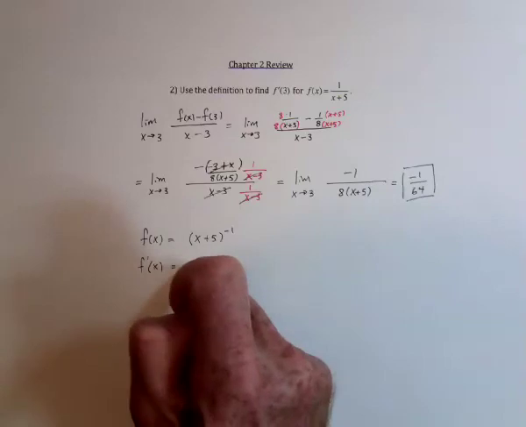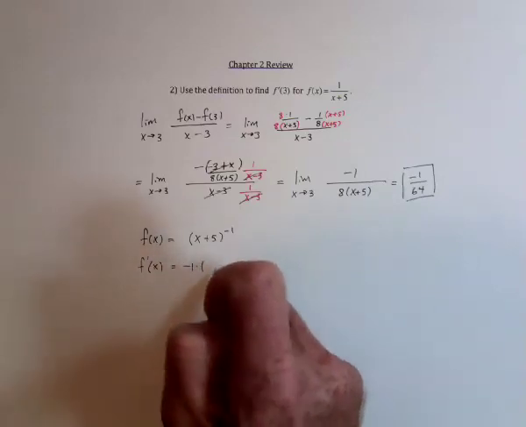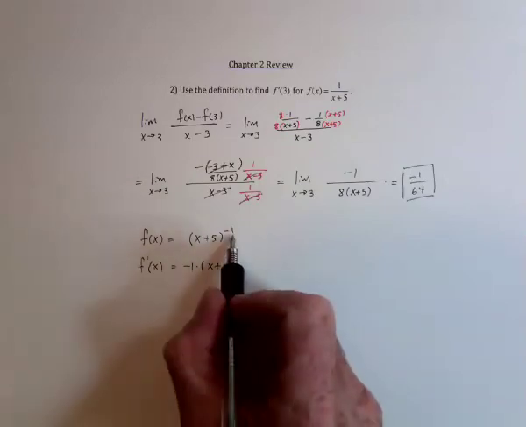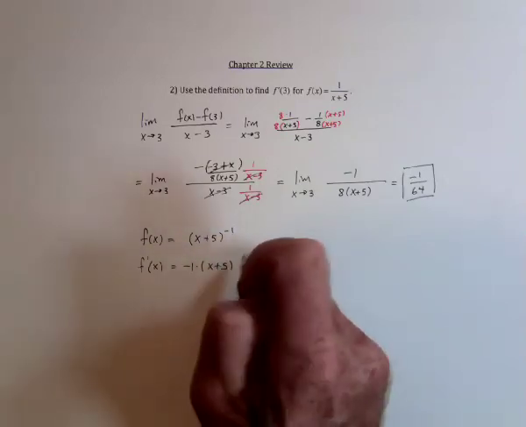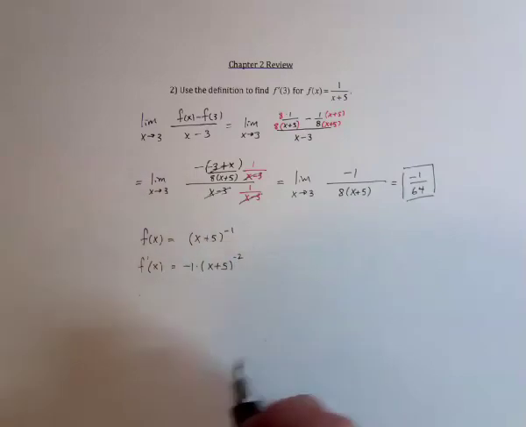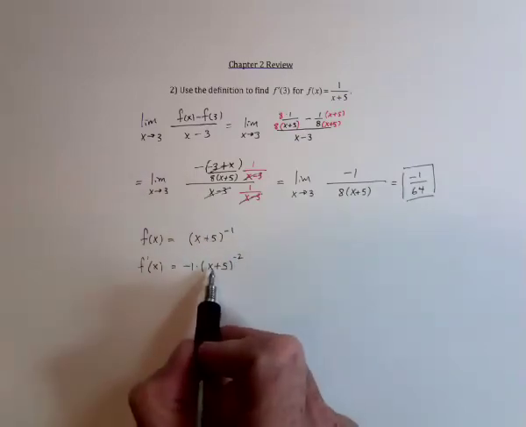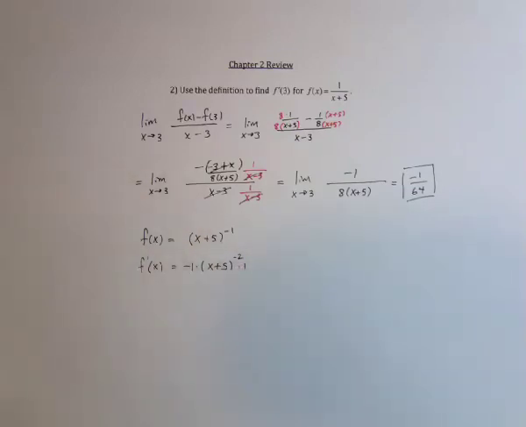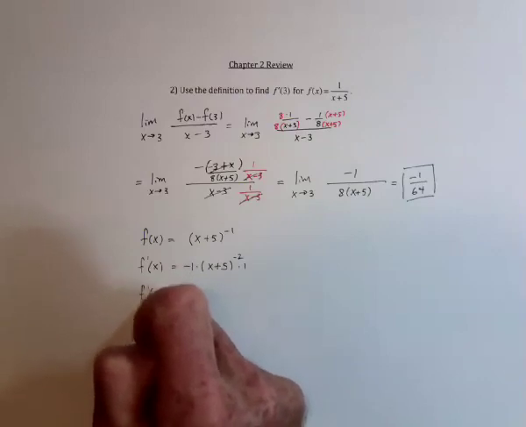So this is the shortcut. You multiply by a -1, leave the inside alone, and now subtract 1 from the exponent. And then we would take the derivative of the inside, which is just a 1, so multiply by 1. And there we have it.